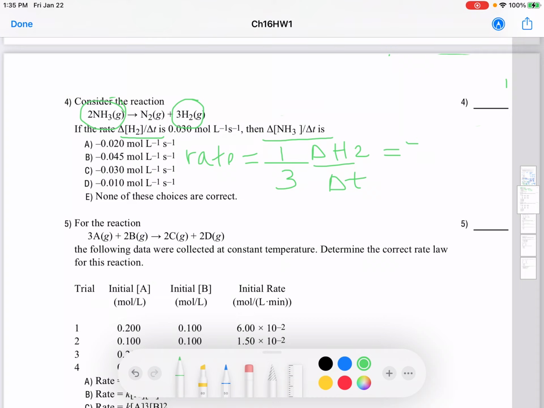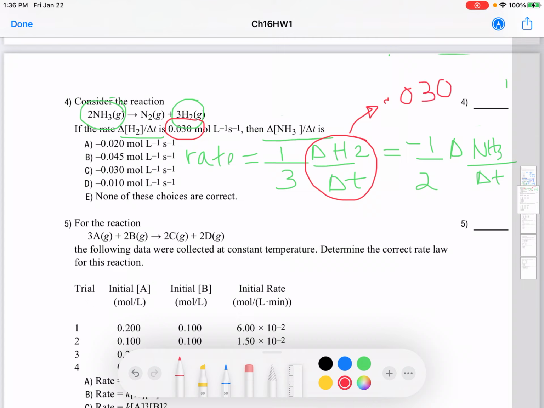Because it's a reactant. 1 over 2 delta ammonia concentration over delta T. The rate delta H2 over delta T is 0.030, meaning this one is 0.030.